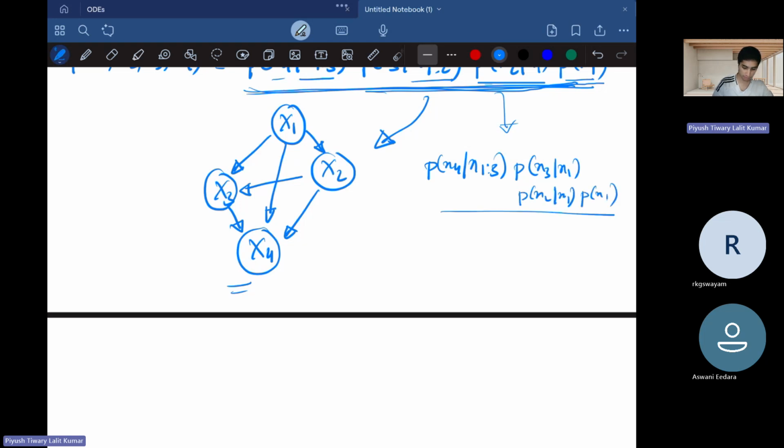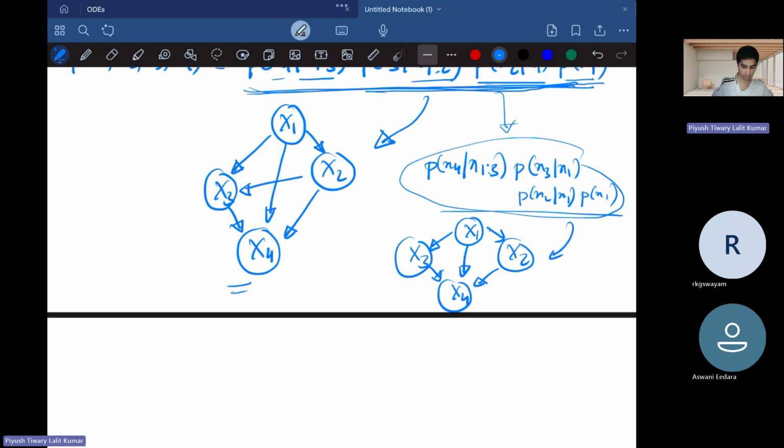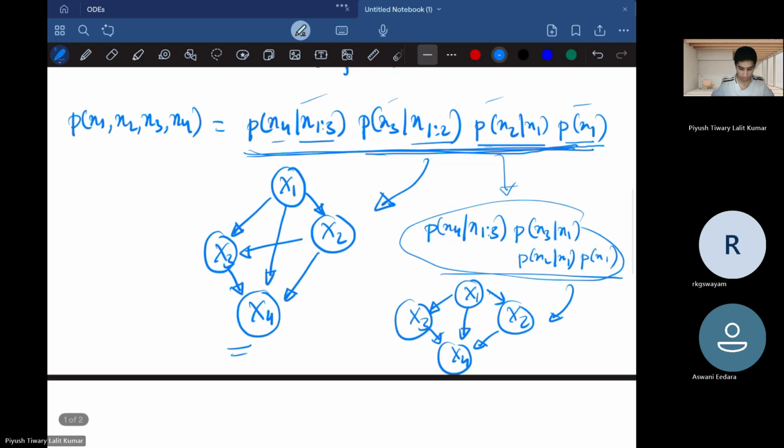Then you have x1, you have x2 with an edge from x1 to x2, then x3 where the only incoming edge is from x1, and then x4 which has incoming edges from all the above nodes. So this decomposition corresponds to this graph.